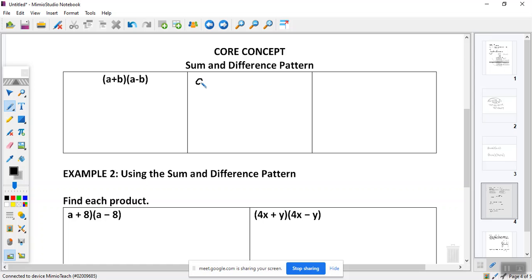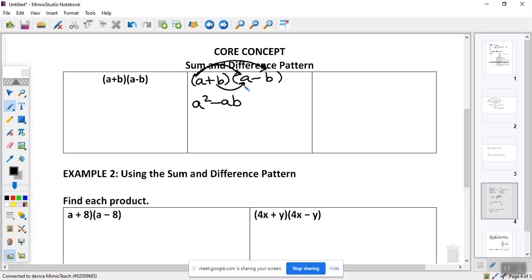So if I had a plus b times a minus b, kids, here's what you end up with. What's a times a going to get you for this rule? A squared. How about the a times the negative b? Minus ab. All right, this is where stuff gets really cool. Inside terms. Is that going to be positive or negative for that inside term, kid?